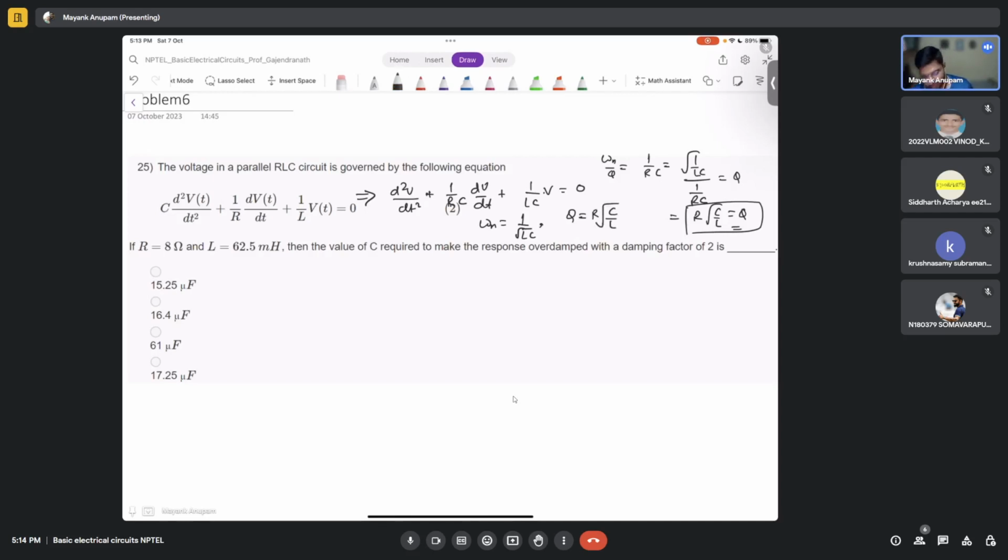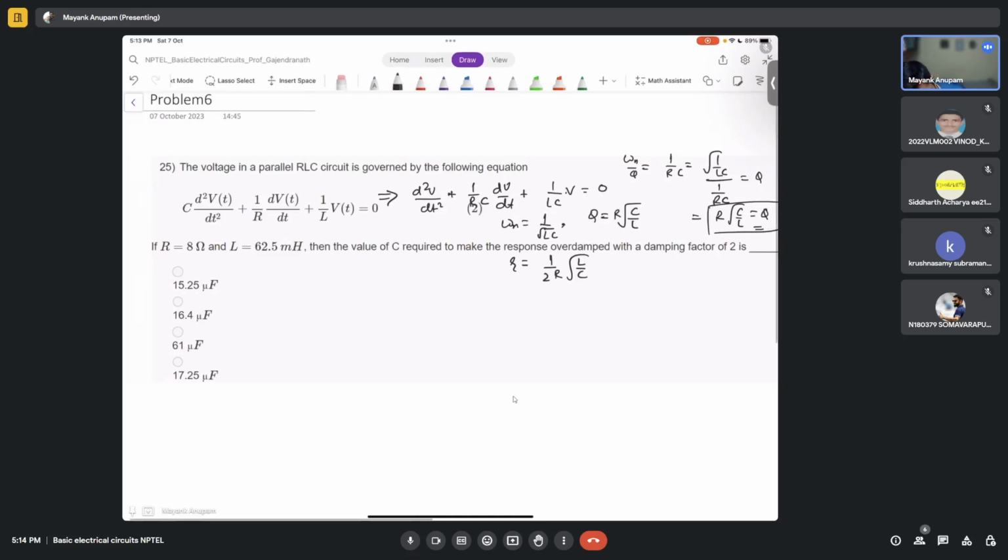By the way, zeta is what? 1 over 2R root of L by C, right? The question asked is, you want to make the system overdamped with a damping factor of 2. For that, what value of capacitance should you choose?